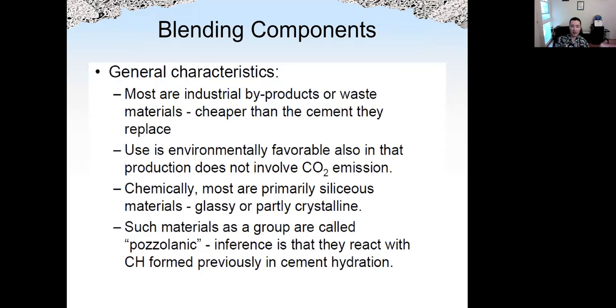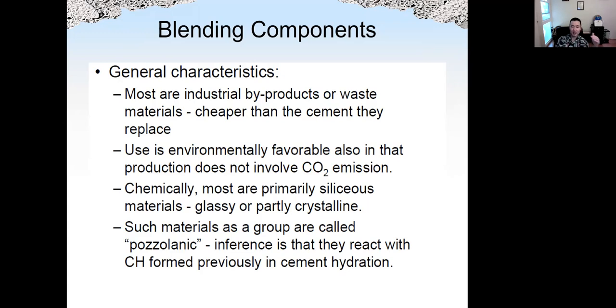And chemically, most of these materials are mainly siliceous, sometimes also with some alumina. They are glassy or partially crystalline. Glassy means this siliceous material is reactive. If they have a lot of crystalline, the reactivity may be lower.